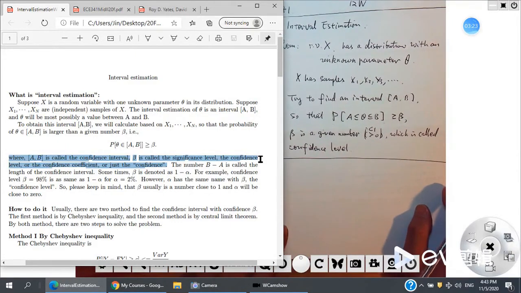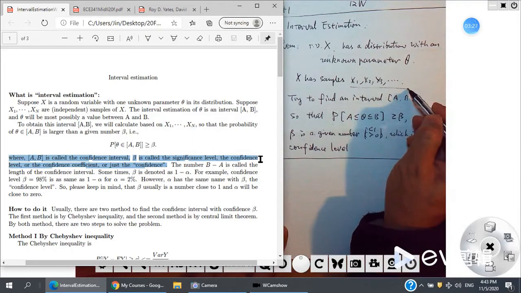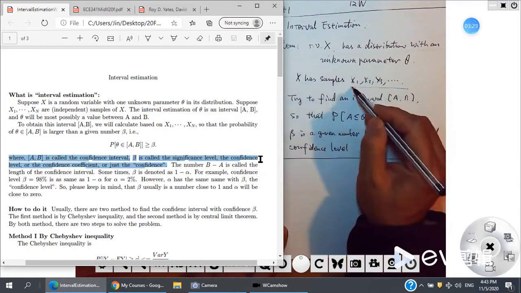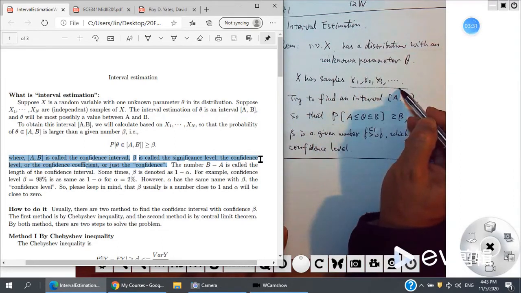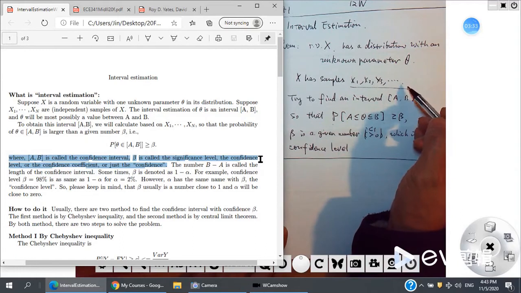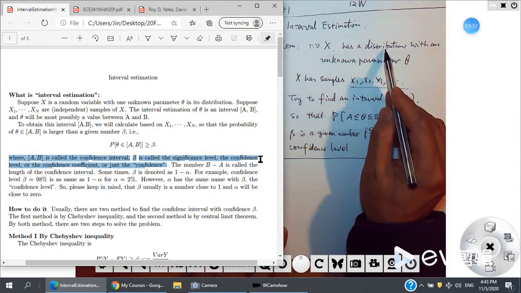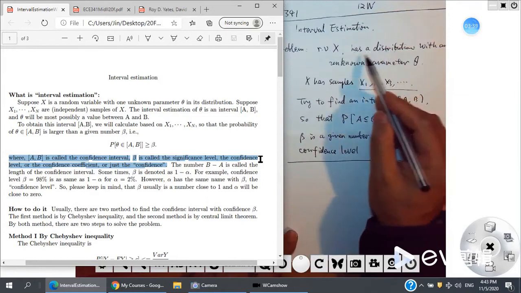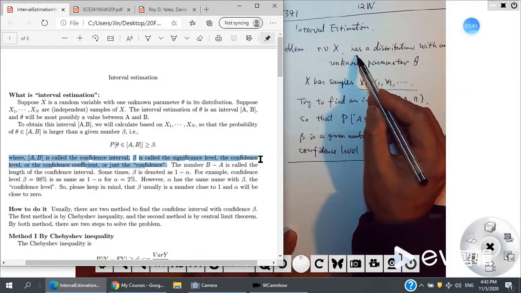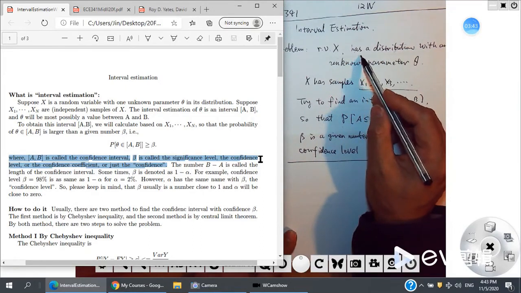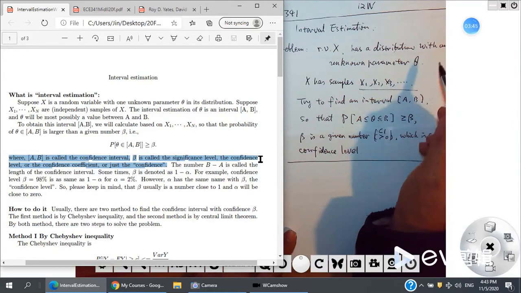So the problem, what do we know? We know these samples. Suppose x has these samples. This is one thing we know. Second thing we know is we know the distribution, part of it, not all of it. Suppose it's a Gaussian distribution, but you do not know mu.